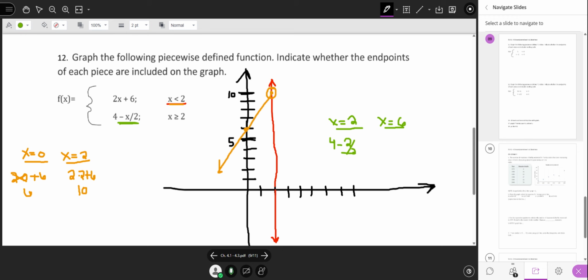So that's 4 minus 1, so that's 3. So at 2, that's going to be 3. And then 4 minus 6 divided by 2, that's going to be 4 minus 3, which is 1. So 2, 3, 4, 5, 6 at 1.